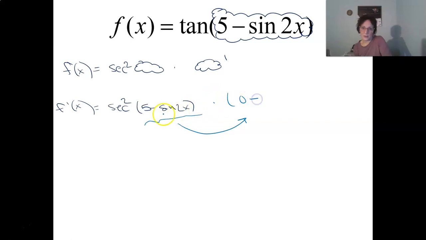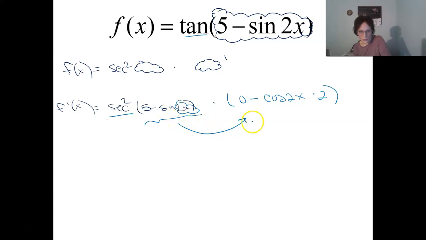So that would be 0 minus the derivative of sine, which is cosine 2x. But this is the sine of 2x, not just the sine of x, so the sine of 2x becomes the cosine of 2x times 2. So notice here, again, the derivative of tangent is secant squared. This piece comes down completely untouched.